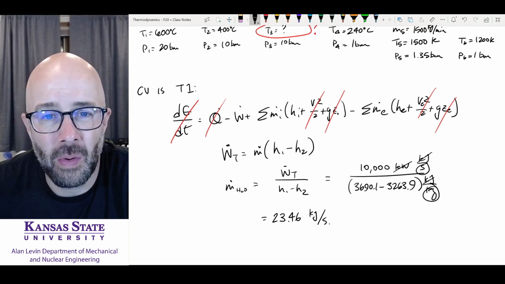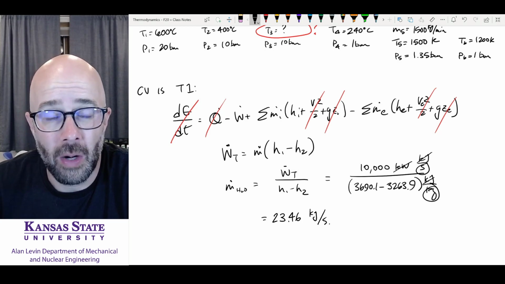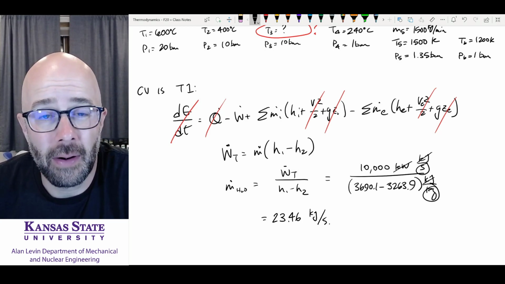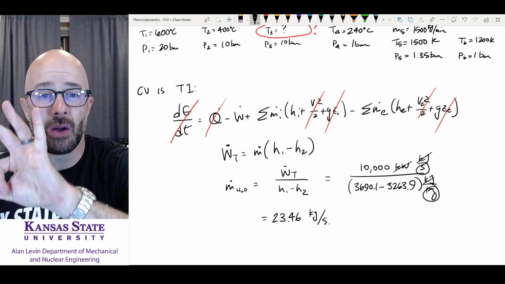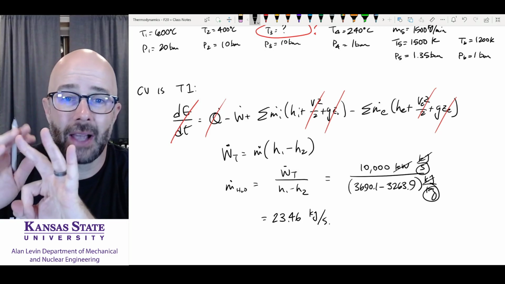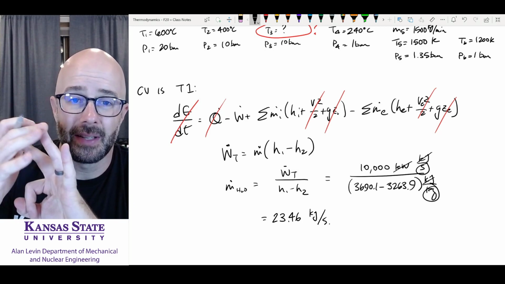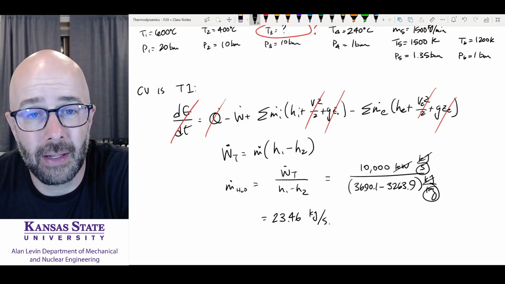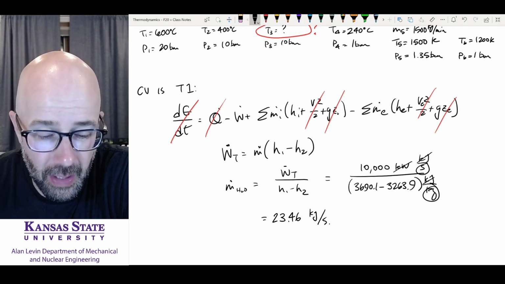Now we know what the mass flow rate is. We're well on our way to figuring out how much power the turbine has. We've gotten rid of one of our unknowns. Remember, there were 3 unknowns in that second turbine. There was the mass flow rate, there was the state coming in, state 3, and there was also how much power we're producing, and that's what we're trying to find.